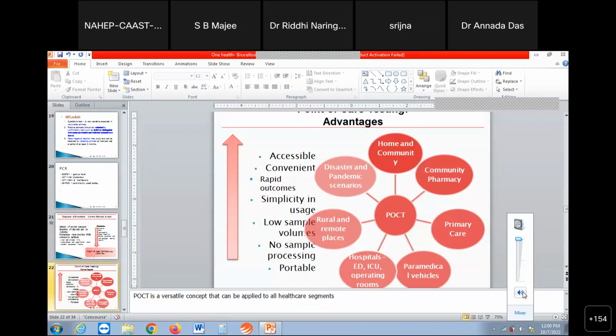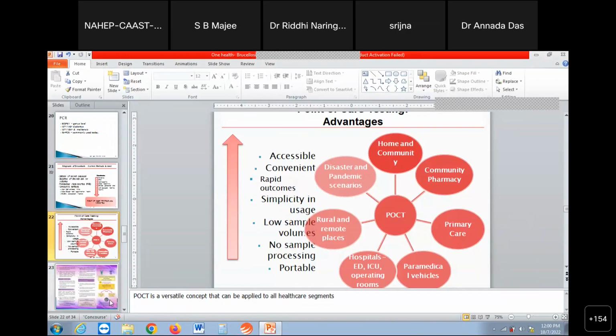Hospitals, paramedical, primary care, healthcare centers, community pharmacies, all these can use this test. So you see the wide variety of usage as far as point of care test is concerned, and it is a versatile concept that can be applied to all healthcare segments. So that is why the point of care test is a very important test as far as the diagnosis is concerned.